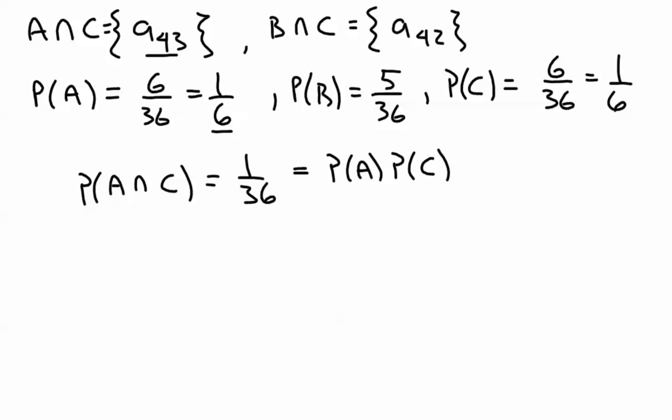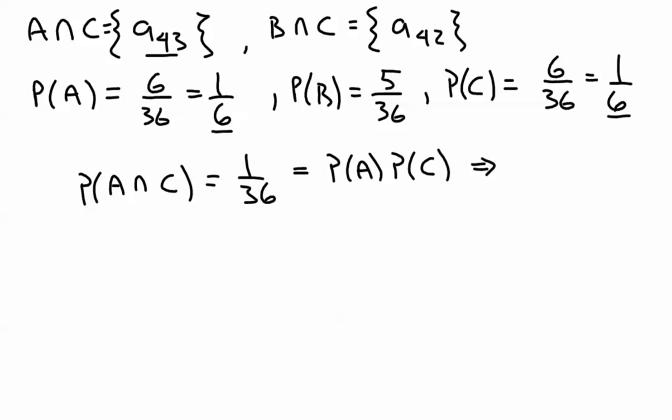The probability of C is 1/6. 1/6 times 1/6 is 1/36. This means that A and C, by the definition of statistical independence, the probability of A intersect C equals the product of marginal probabilities if A and C are statistically independent.